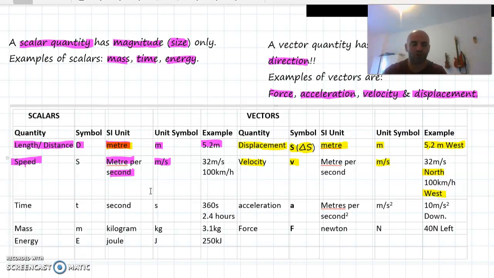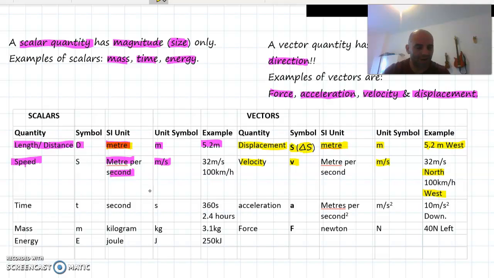Or if you were to drive 100 kilometers per hour, for example, it could be anywhere within that circle. But if I say to you that you've got to drive exactly 100 kilometers per hour due west, okay, well, then you start here and you go west only. So that pins down the exact location because it contains just a little bit more information than just the speed.